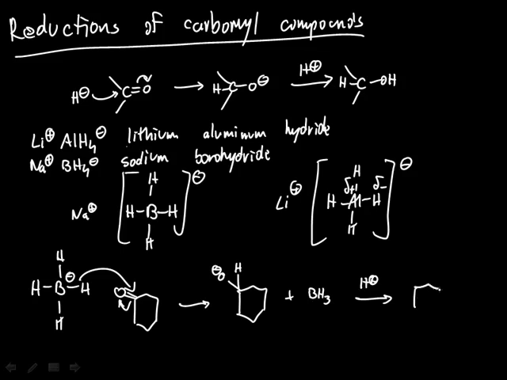This gives us our alcohol. And this is an example of a carbonyl compound reduction. Sodium borohydride is the milder of the two reagents, which means it can be used to reduce aldehydes and ketones, but not esters or acyl chlorides.